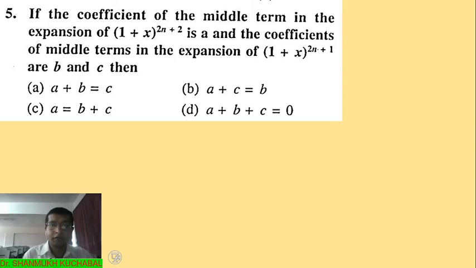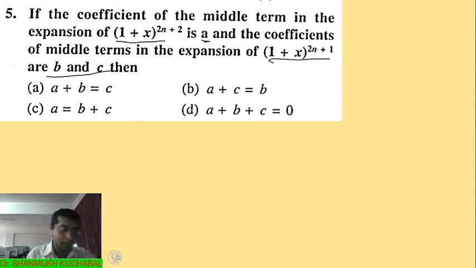If the coefficient of a middle term in the expansion of (1 plus x) raised to 2n plus 2 is a, and the coefficients of the middle terms of the expansion of (1 plus x) raised to 2n plus 1 are b and c, then we know 2n plus 2 is an even number, therefore there is only one middle term. And the next one is an odd number, it has 2 middle terms.